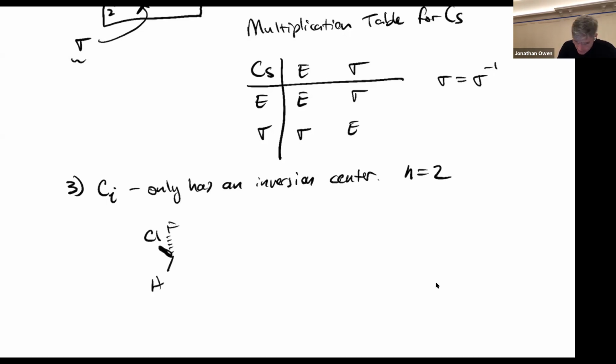So let's do this fluorochloroethane. You've got this fluorochloroethane in the gauche configuration, and there is an inversion center right in the middle of it.